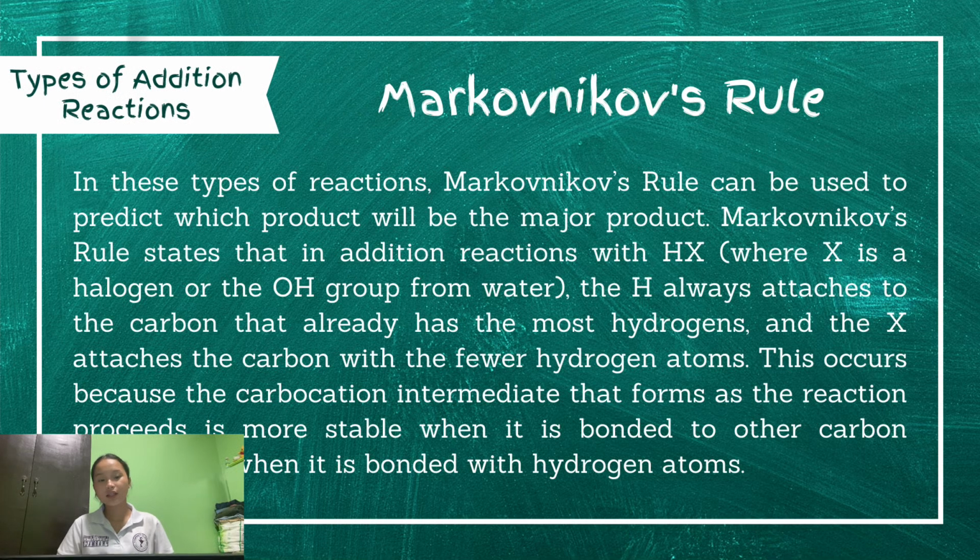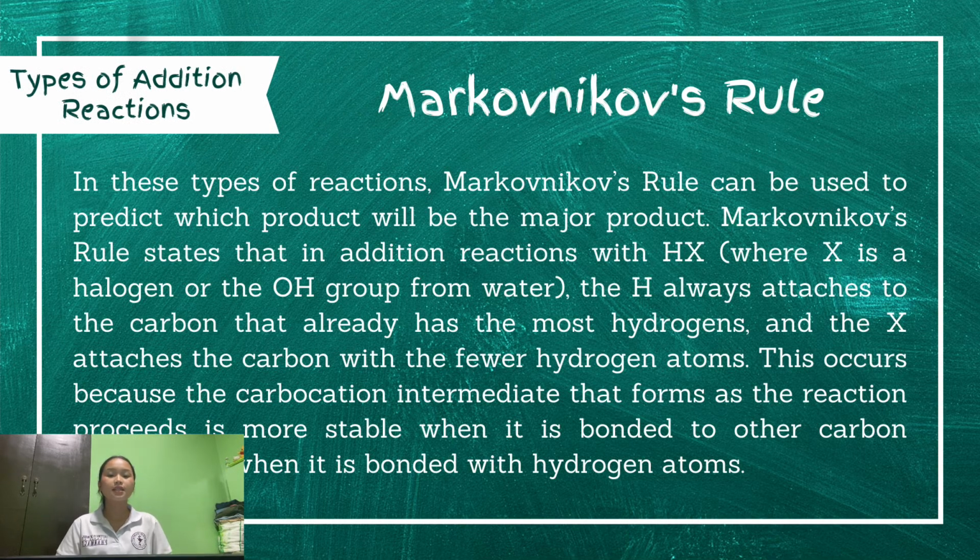However, in cases where the reacting molecule is asymmetrical, such as in hydration, adding H2O, or hydrohalogenation, adding HX, more than one possible product can form. This is where Markovnikov's rule becomes essential, as it predicts which product will be the major product in such reactions.